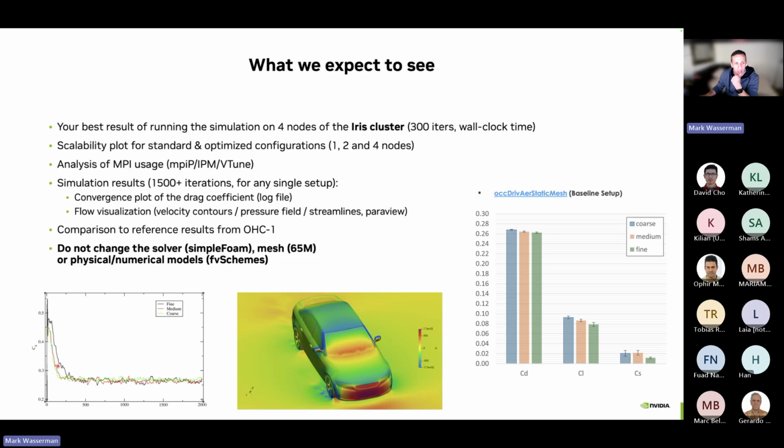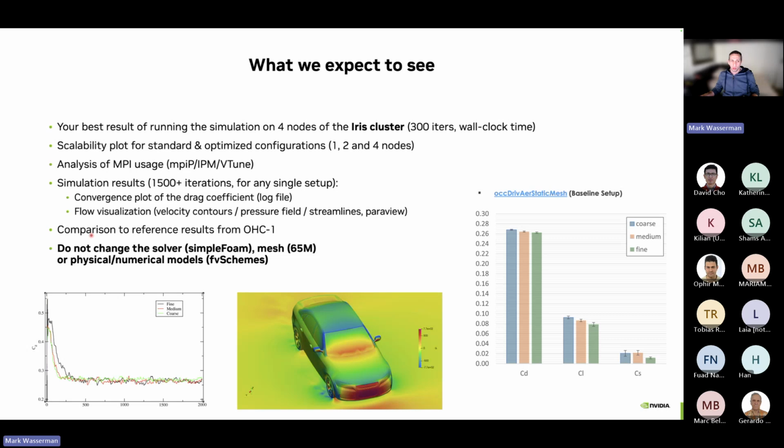And also we want you to extract the evolution or the convergence of the drag coefficient, Cd, from the log file that the simulation produces, and to show, as shown here, that the drag coefficient converges to a quasi-steady state behavior after 1500 iterations.